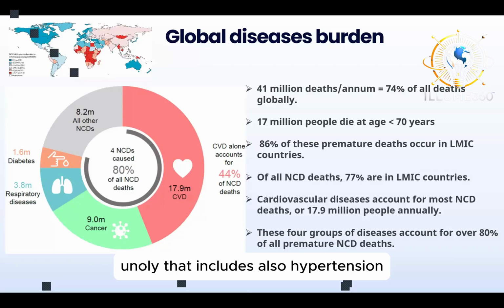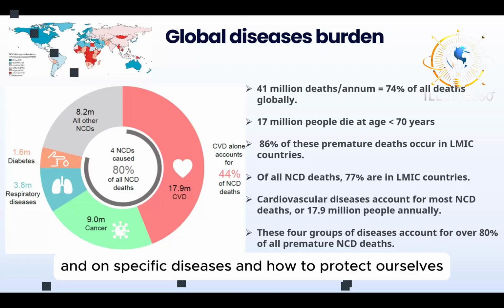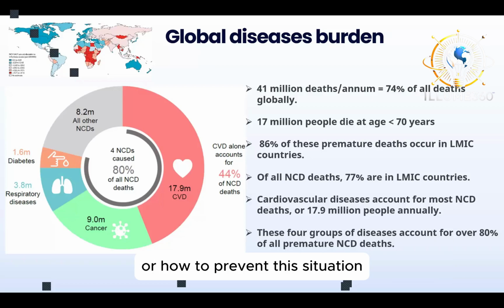That includes also hypertension or high blood pressure and all those things. And like I said, we will dive deep in our subsequent discussions on specific diseases and how to protect ourselves or how to prevent these situations.